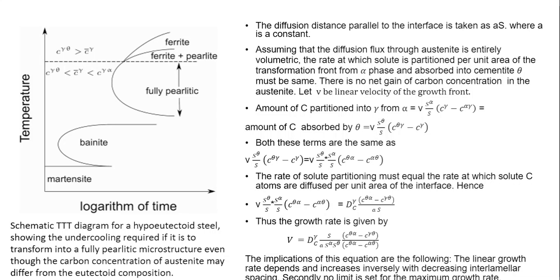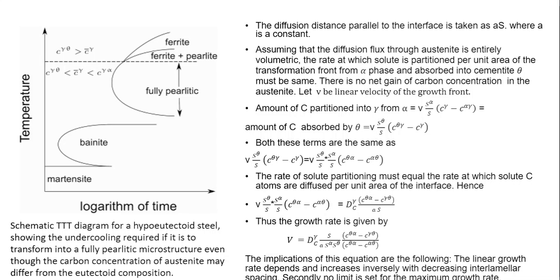So as a consequence, the growth rate is given as V is equal to the diffusion constant of carbon in the austenite gamma phase multiplied by S divided by S alpha and S theta, and multiplied by the fraction C theta alpha minus C gamma theta over C theta alpha minus C alpha theta.